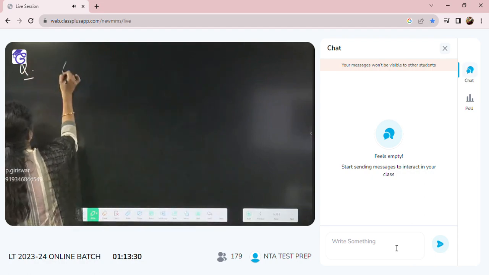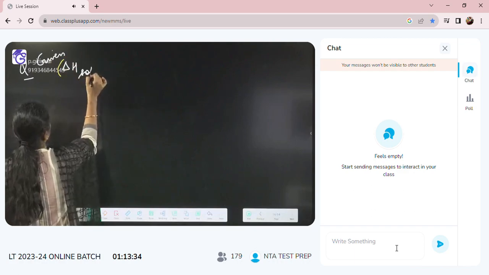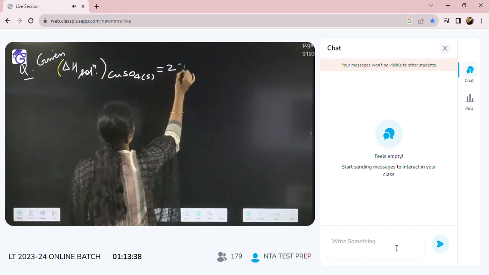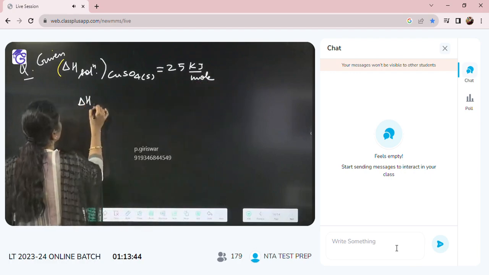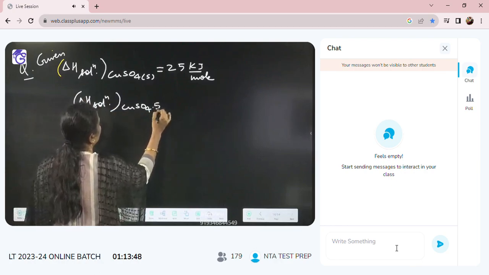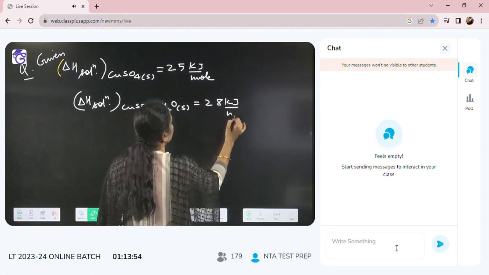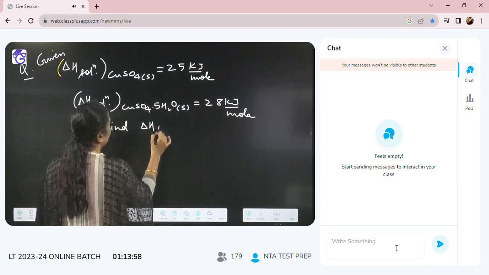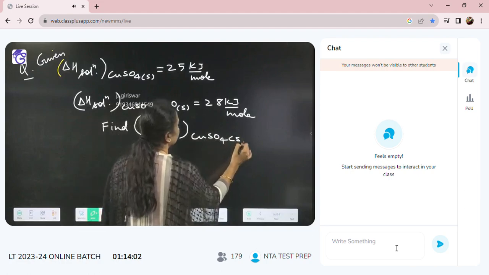So I'm writing down a question here. Given enthalpy of solution of CuSO4 solid is 25 kilojoule per mole and the enthalpy of solution for CuSO4.5H2O solid is 28 kilojoule per mole. Find enthalpy of hydration of CuSO4 solid.